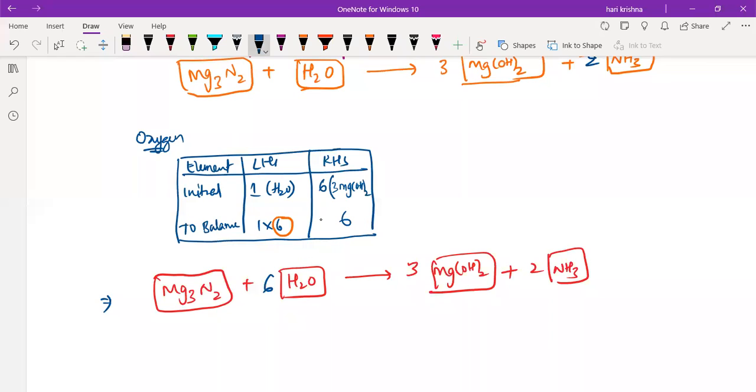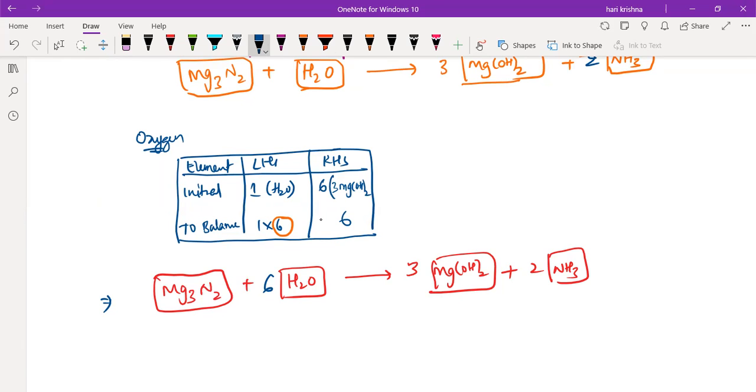What about the hydrogens? Is it balanced or not? Balanced.